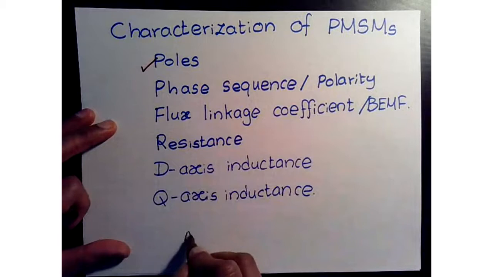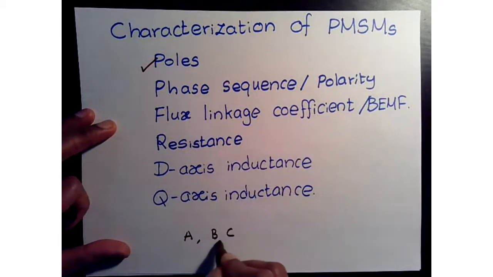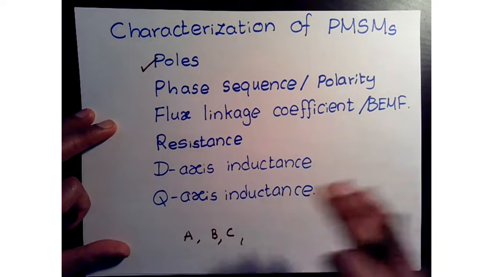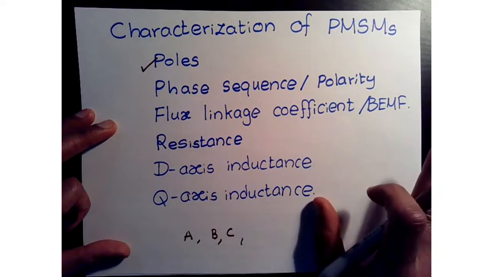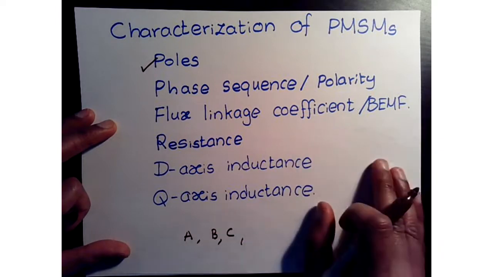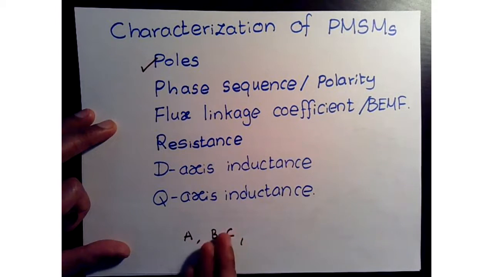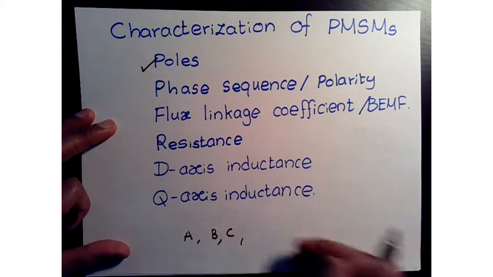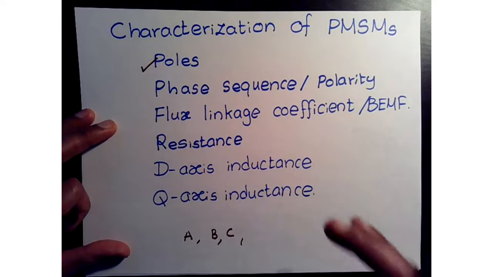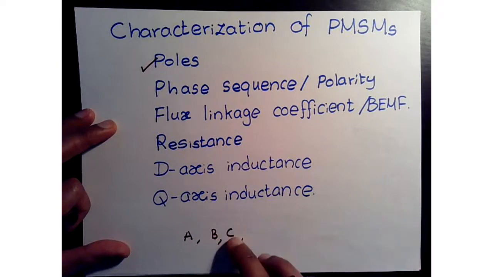Once you choose the A, B, C sequence for a given motor, when you apply the three-phase balanced voltages or balanced currents, the motor will rotate in one direction. And if you swap two phases, the motor will rotate in the opposite direction. So it is very important to determine this sequence, right?